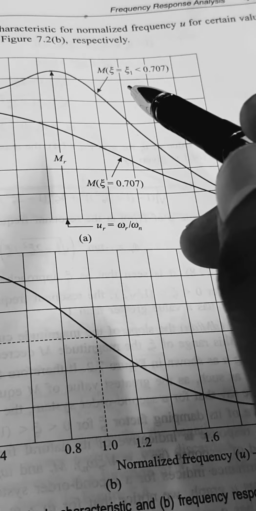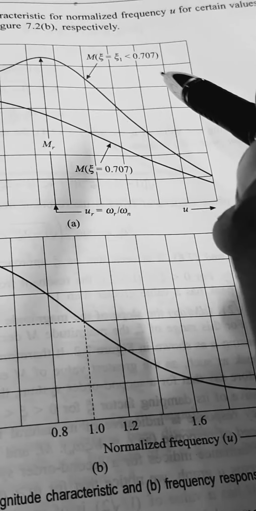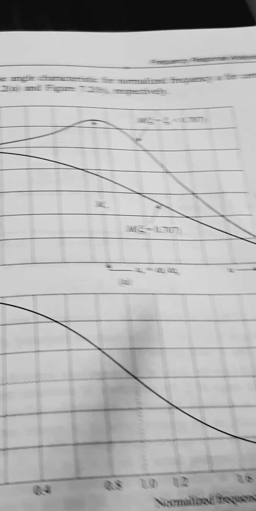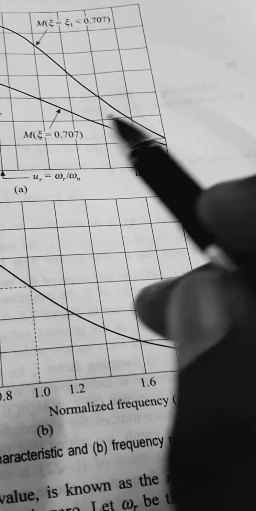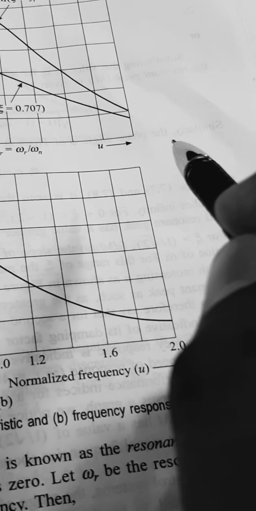And if xi is less than 0.707, then you get a graph like this. As u tends to infinity, this M reaches 0.